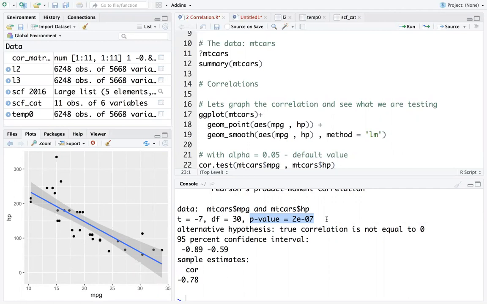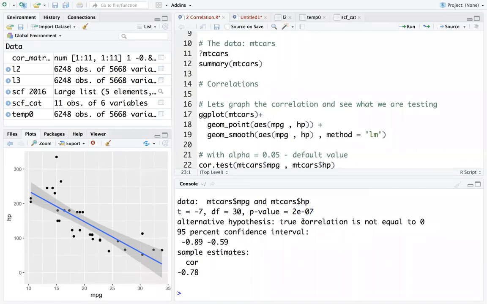The probability of this being random is the number 2 times this little e, which means exponentiating, like 10 to the negative 7. So it's 0.6 zeros and then the number 2. That's a very, very tiny probability.